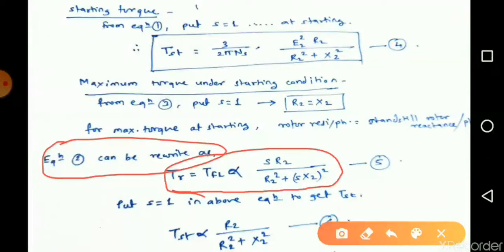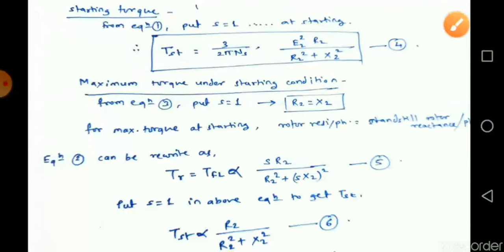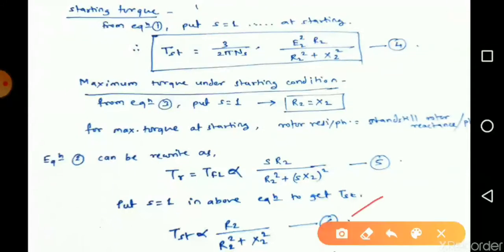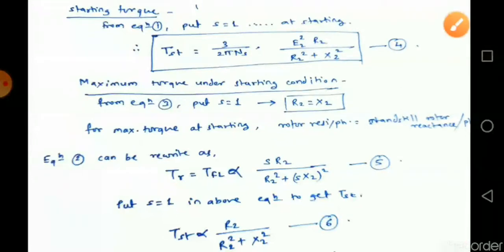This is equation number 5. Now if we put S equal to 1 in equation number 5, we get equation number 6, that is T_ST, the starting torque, is proportional to R2 square divided by R2 square plus X2 square. So this is equation number 6.